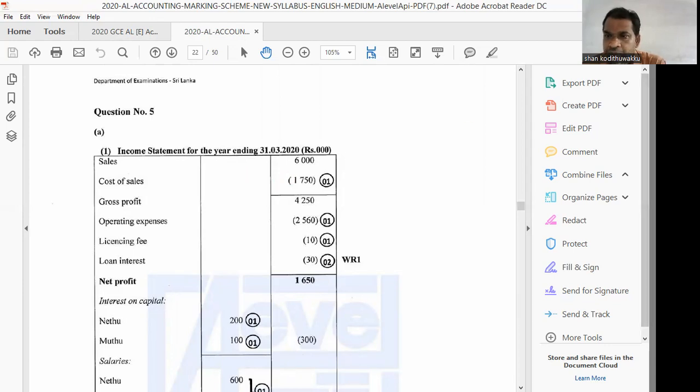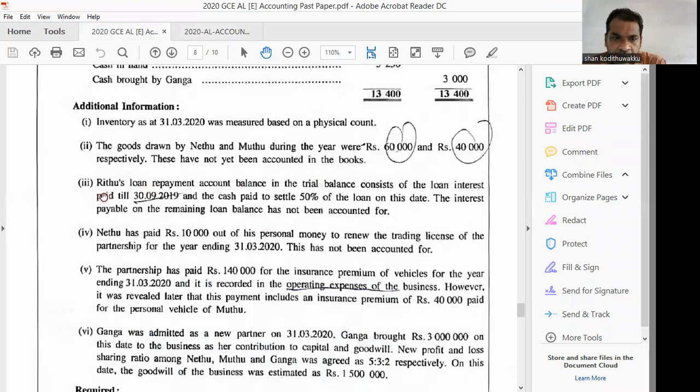The next adjustment, Rithu's loan repayment account balance in the trial balance consists of the loan interest paid till 30th September 2019 and the cash paid to settle 50% of the loan on this date. The interest payable on the remaining loan balance has not been accounted for. Right.